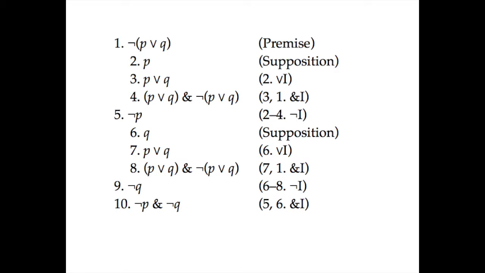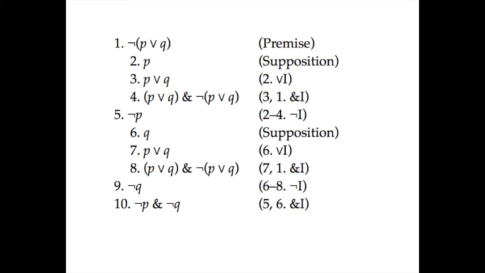And I want to talk you through how I want to prove this. I'm trying to prove not P and not Q. My conclusion is a conjunction. And so probably the easiest way to prove it is to use my and introduction rule.